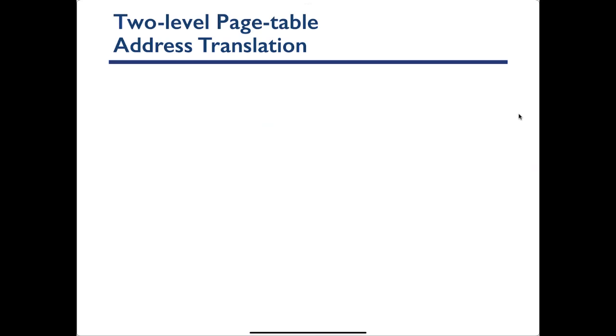Okay, so the idea is, if you want to eliminate the problem of having to store page table entries for pages that you're not using, instead of representing your page table as a flat table, and by flat I mean I have one entry for each virtual page, you can move on to multi-level pages.